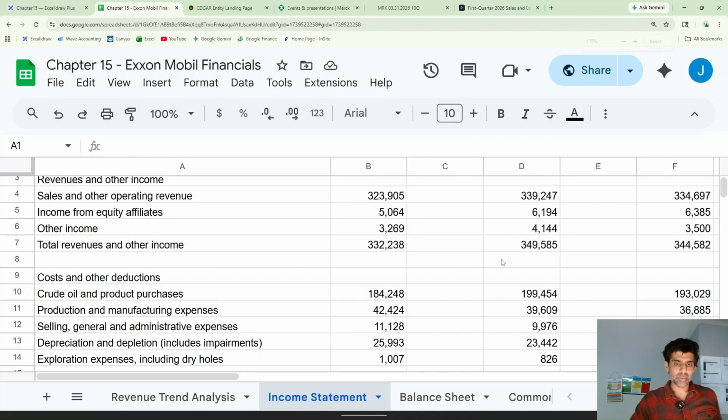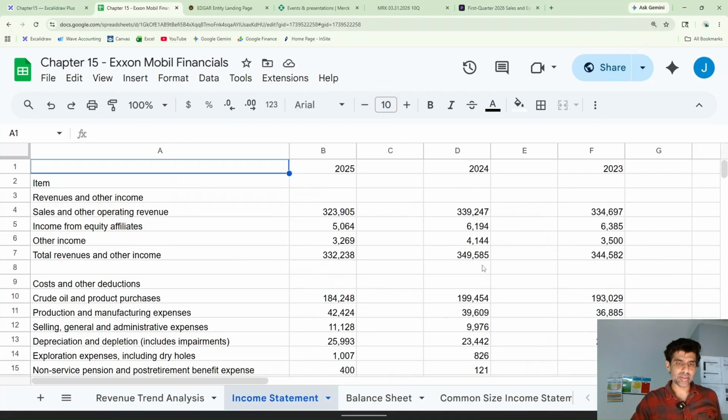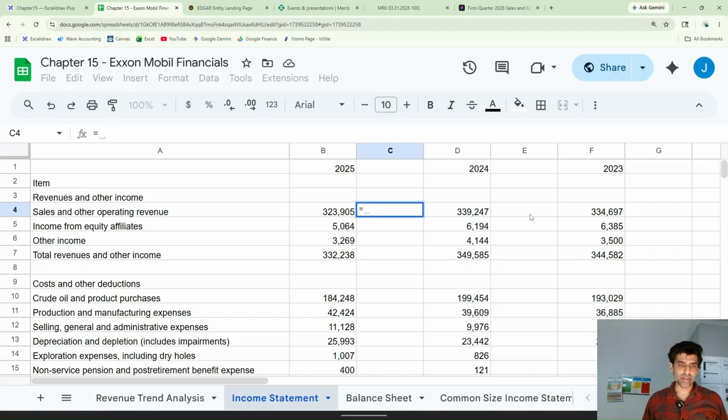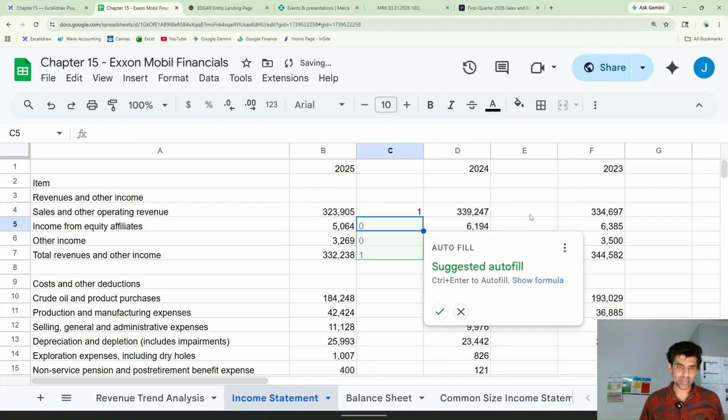Now we can apply this to our income statement. We can do a couple of things. We could do a horizontal analysis using the oldest year as a base year.